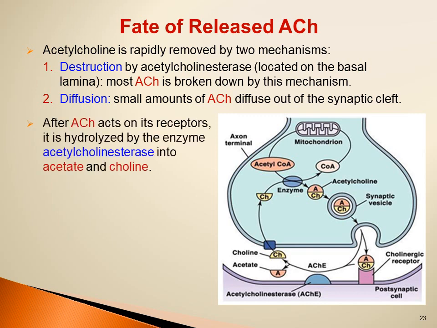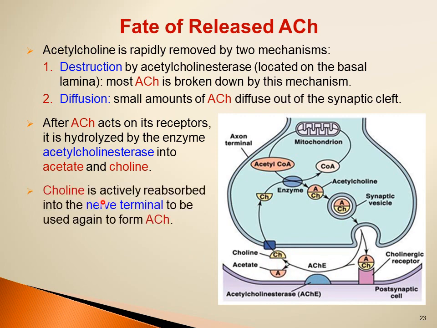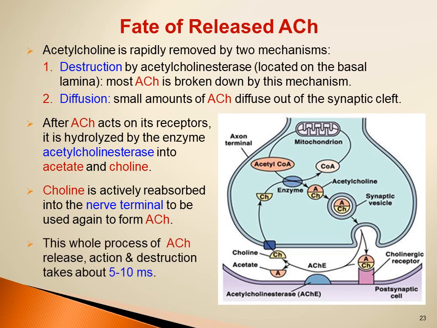So after acetylcholine acts on its receptor, it is hydrolyzed by the enzyme acetylcholinesterase into acetate and choline, as we can see here. Then choline is actively transported or reabsorbed into the nerve terminal to be used again for the formation of new acetylcholine.